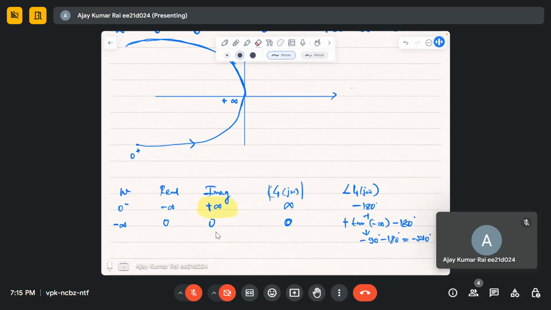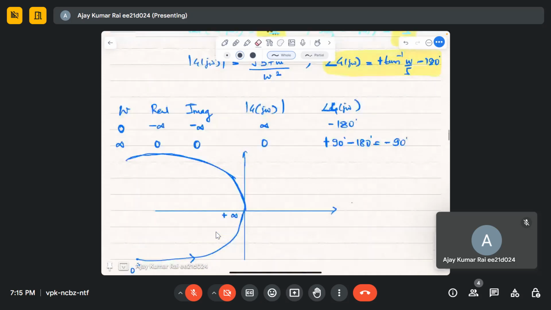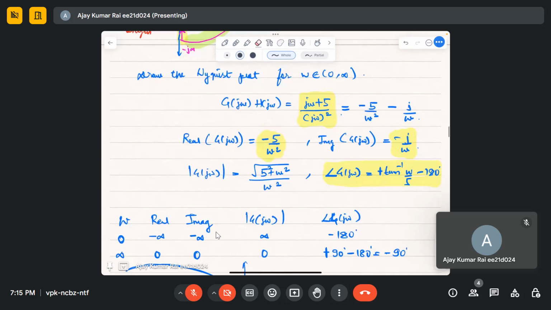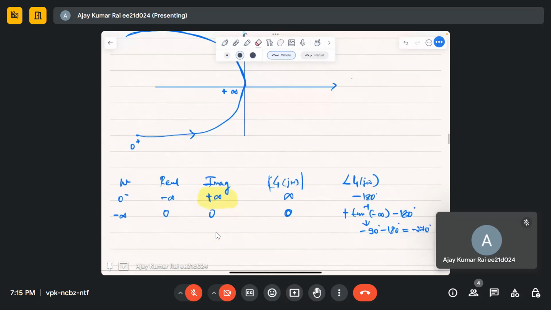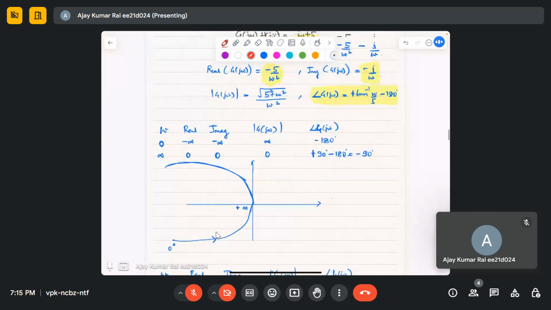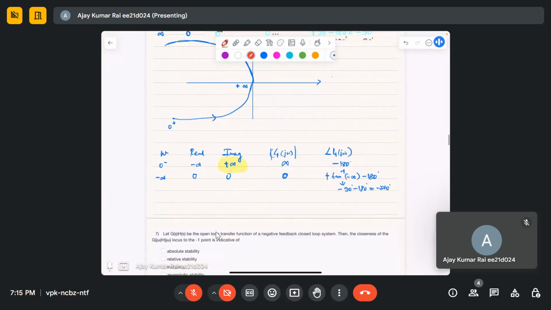I should get real part to be negative. Okay, I think I'm stuck on this. I'll just get back to this question at the last.